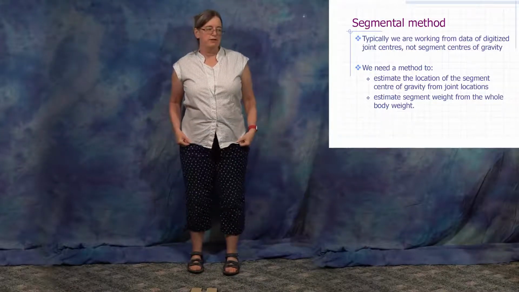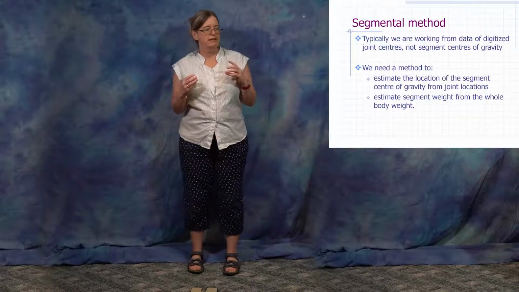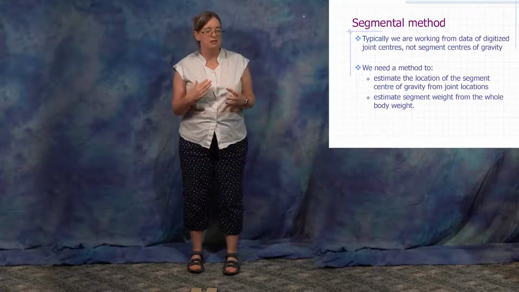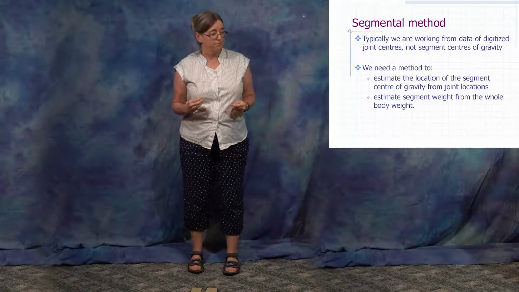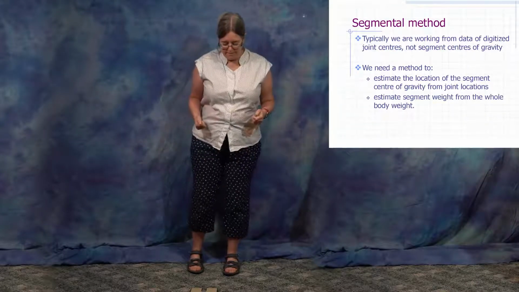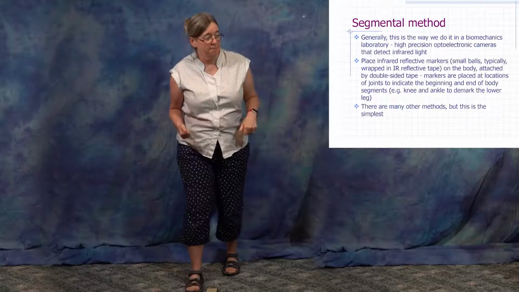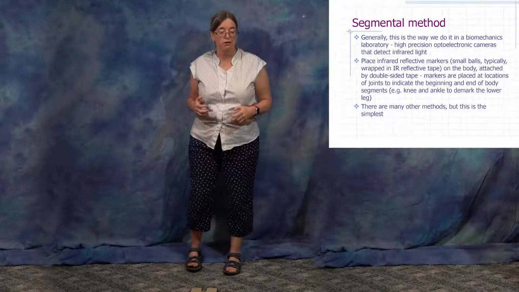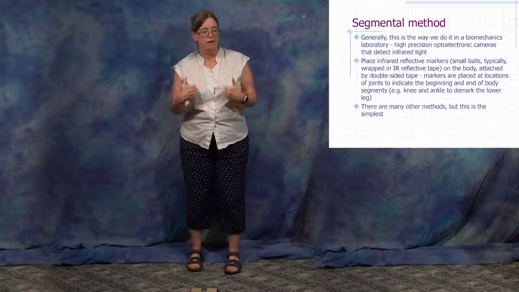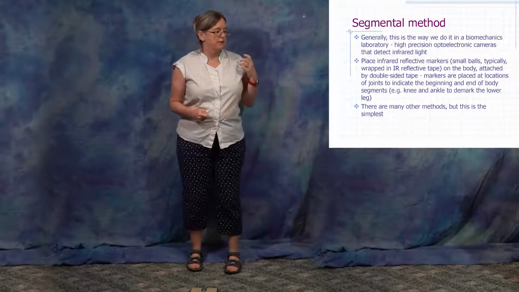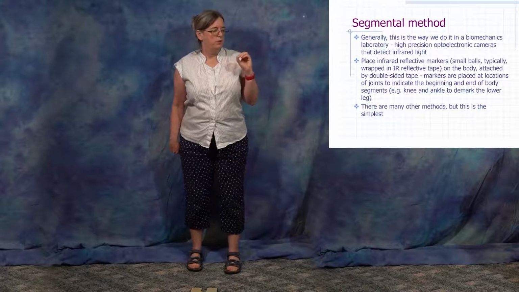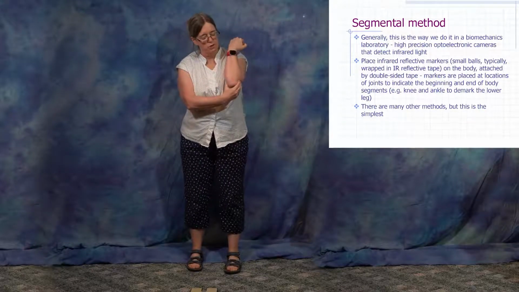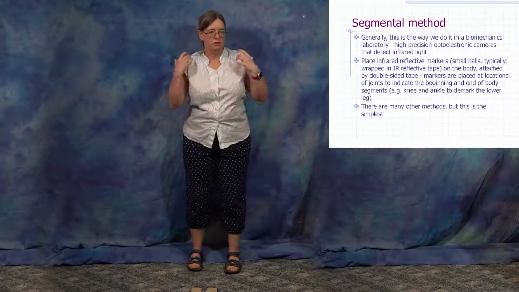So we need to find a way of estimating that location of the center of gravity of the segment from the joint locations, and the weight of the segment from the whole body weight. So typically we put markers onto our bony landmarks, joint locations.